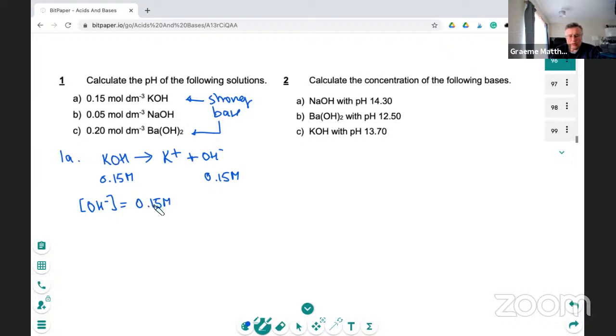Now, I know you can do the pOH is negative the log of the hydroxide ion concentration, yes. And then pH plus pOH equals 14, true. Or you can do this.